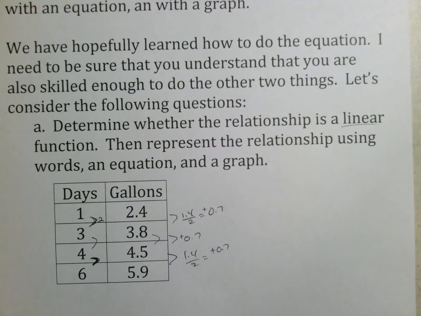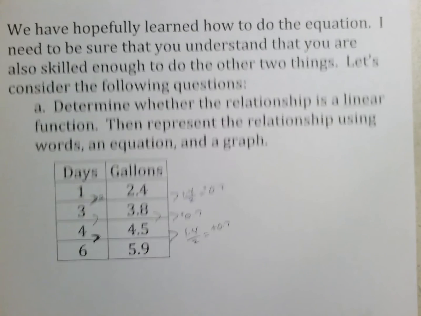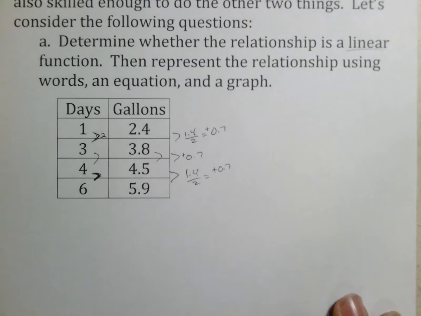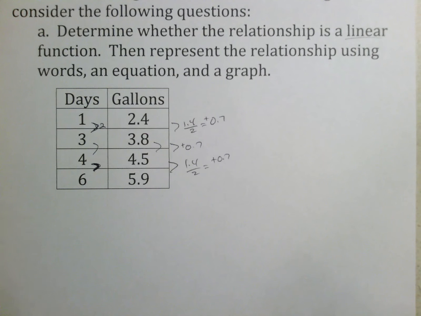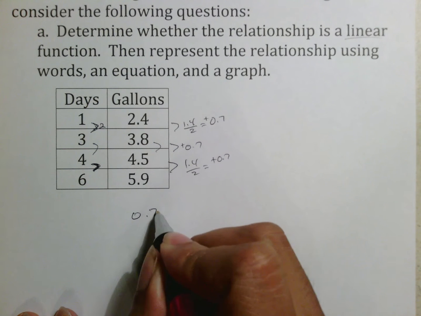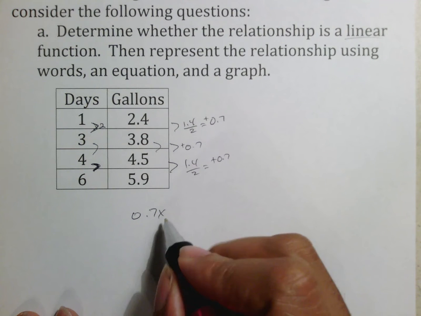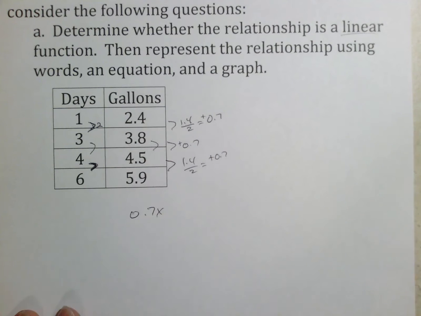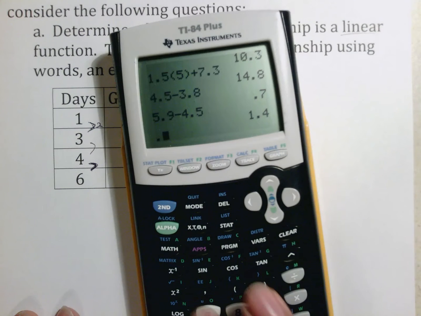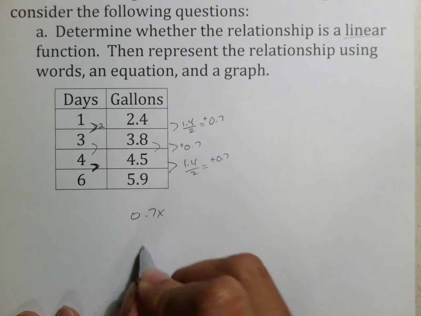So notice that everything we've done so far is everything we've been trained to do, which is find the common difference. If it's immediate, then we know that we put 0.7 attached to x, and then we use what we know to adjust it. So 0.7 times 1, of course, is 0.7.